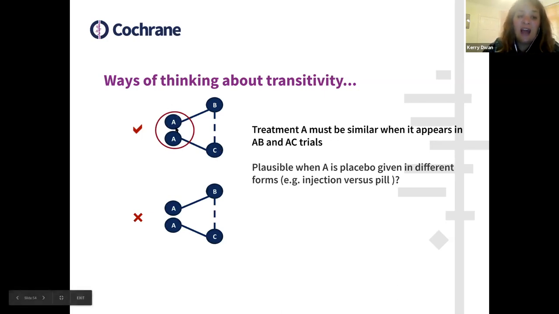So you'd need to decide, well, actually going to see a dietitian once a week or once a month, that is quite different. So the assumption might be violated. So it's just making sure that in general, the studies are similar in that participants could be randomized to any of these particular treatments.